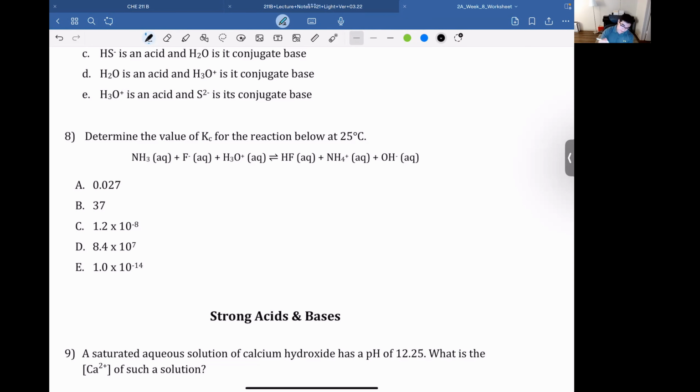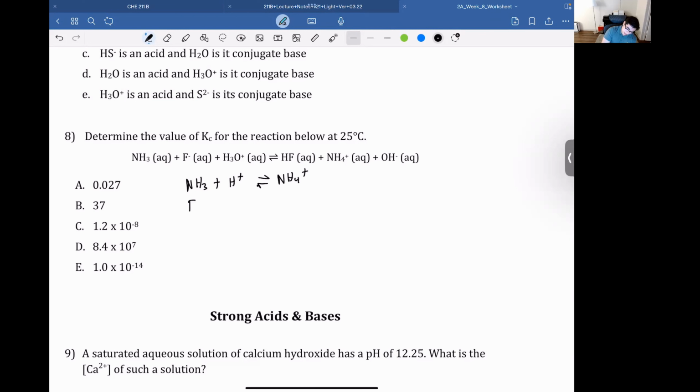You can say, well, for certain products and reactants. So for NH3, actually, let's not write out all these reactions first. So we have NH3 plus H plus in equilibrium with NH4 plus.